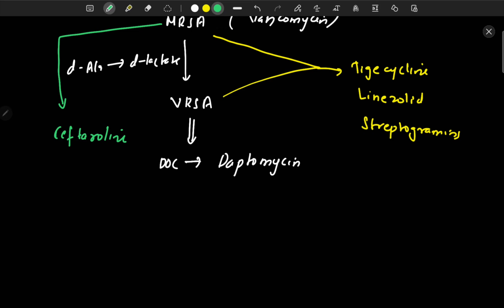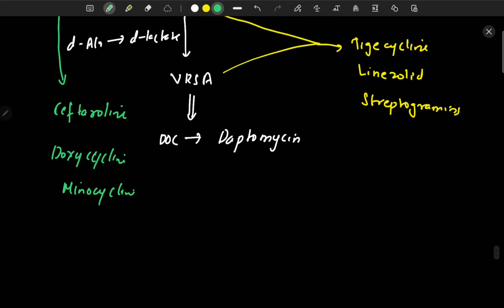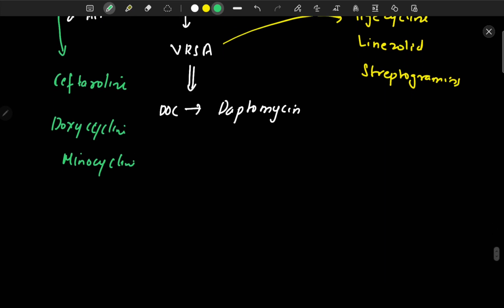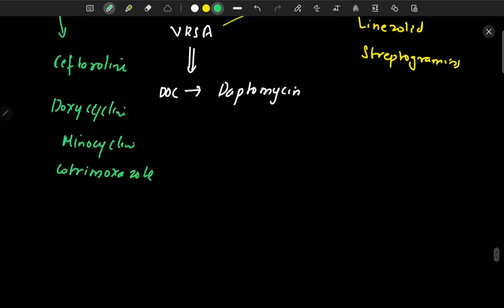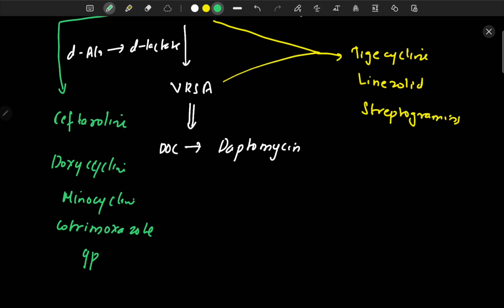Then we can use drugs such as doxycycline, minocycline, cotrimoxazole, and other glycopeptides. So this is all about the penicillin.